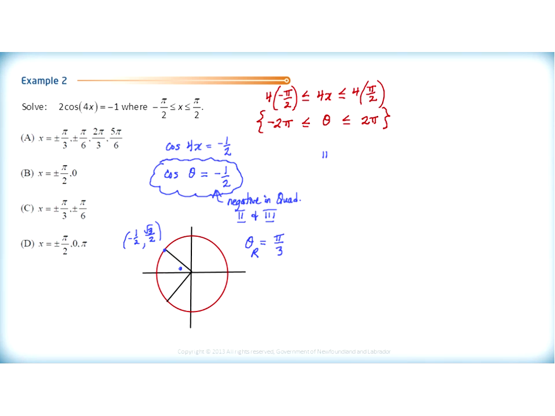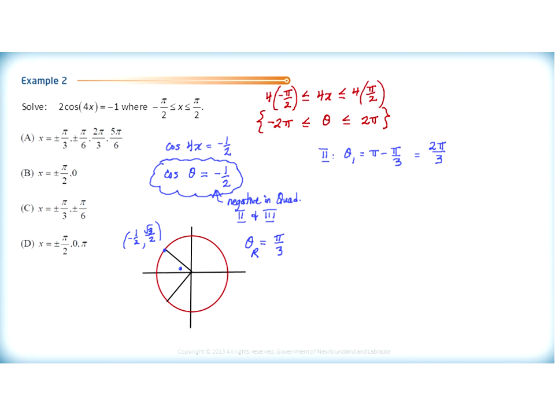So then the measure of this angle in quadrant 2, theta1, is going to equal pi minus pi/3. Pi is the same as 3 pi/3 minus pi/3. You get 2 pi/3.